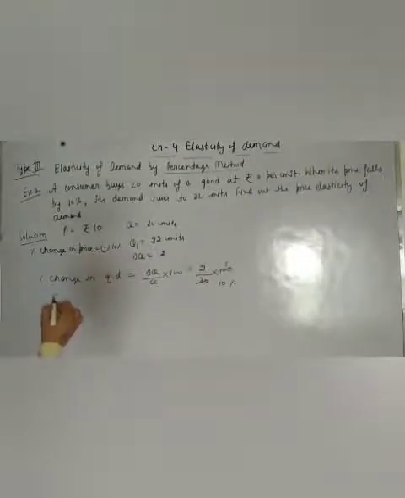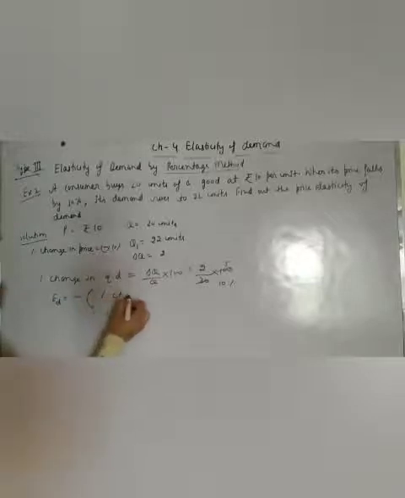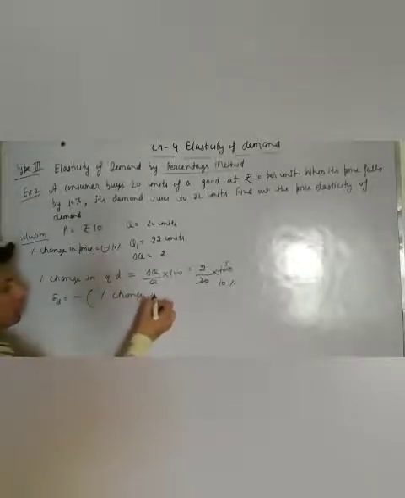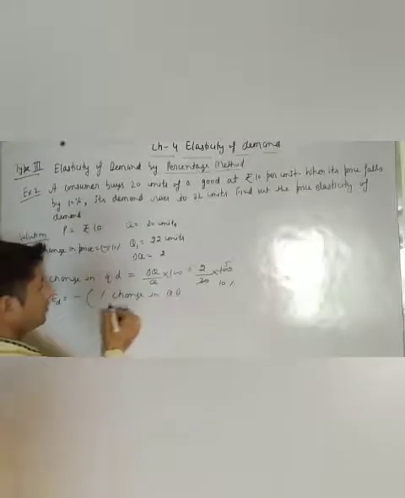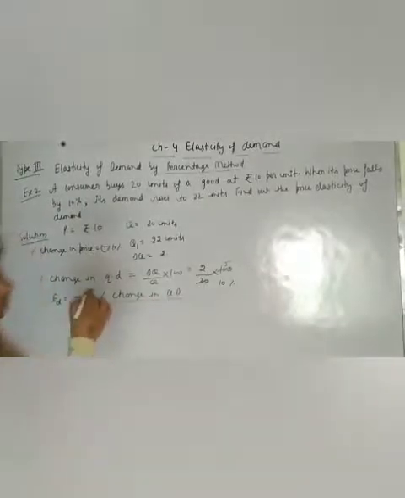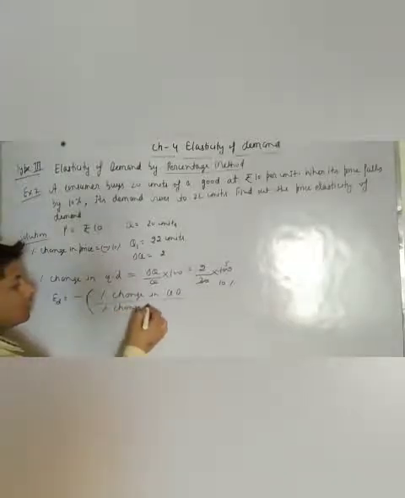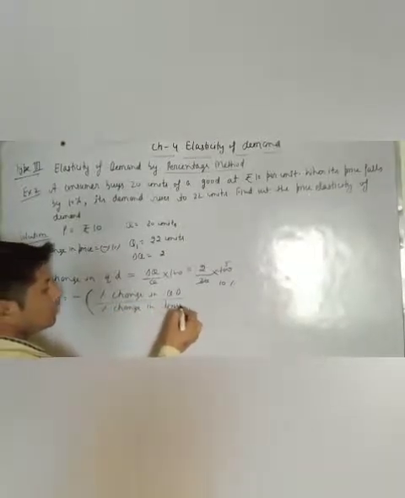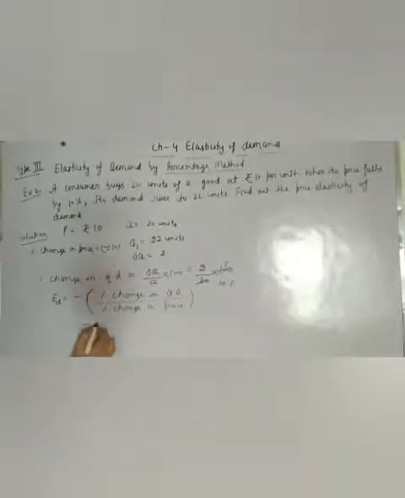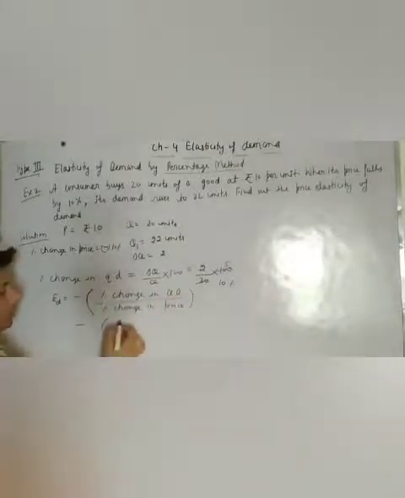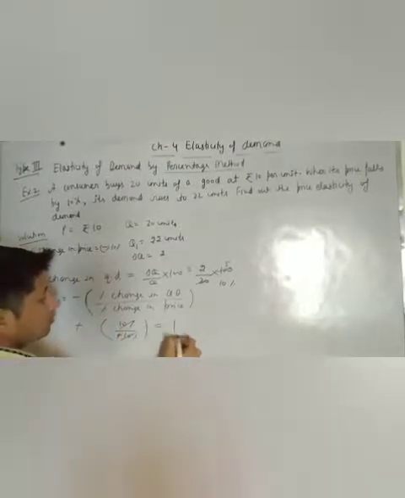Now use the formula of elasticity of demand by percentage method. Percentage change in QD divided by percentage change in price. 10% divided by minus 10%, this will become cancelled and this will be equal to 1.